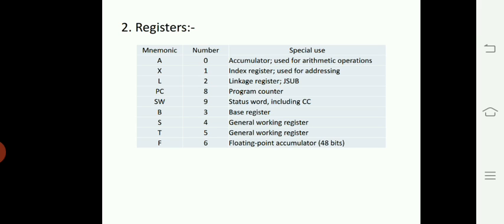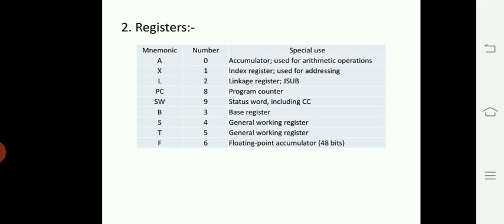The next registers are the S register having the value 4 and the T register having the value 5. Both S and T registers are general working registers. The last register is the F register, called the floating point accumulator.